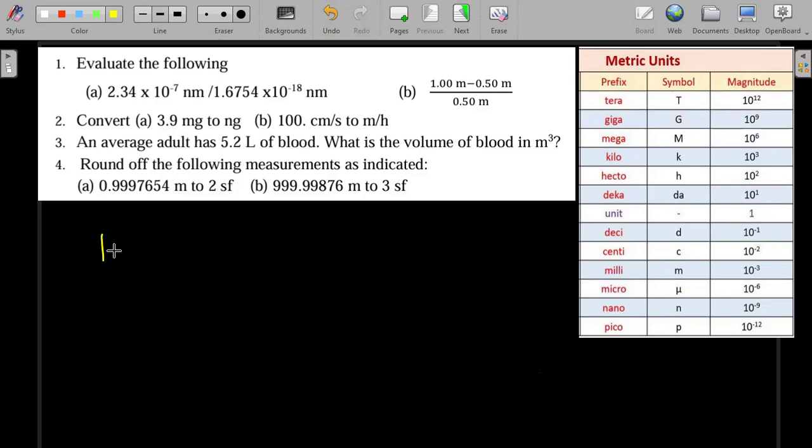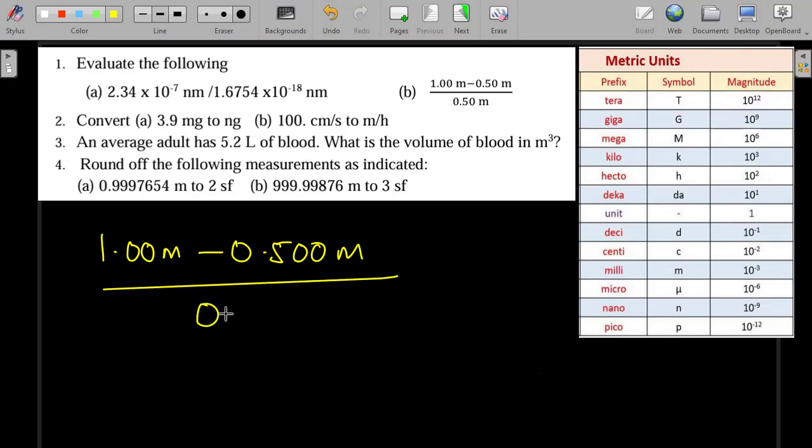So we have 1.00 meters minus 0.500 meters, and then divided by 0.50 meters. When you look at this number here, that's 2 decimal places. And then here, I think I wrote an extra 0 here. So it's just 0.50 meters like this.